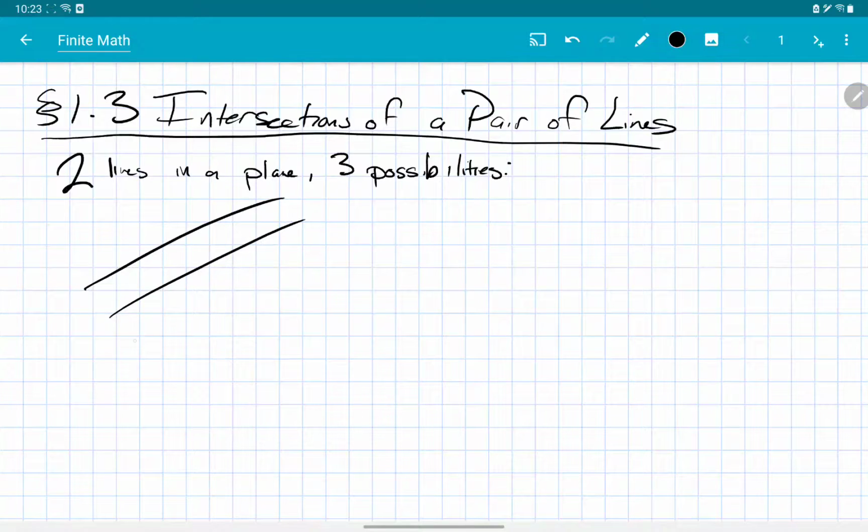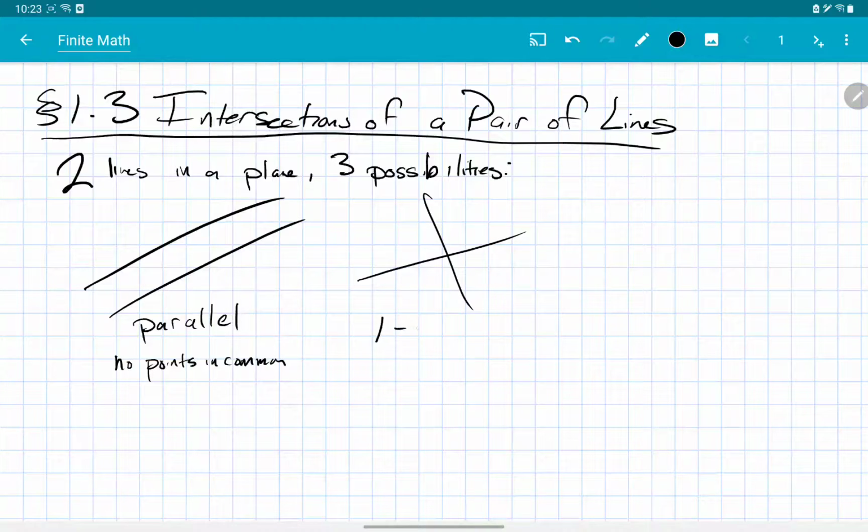If they're parallel, like this, then there are no points in common. If they cross, there's 1 point in common. And the other possibility is that they're actually the exact same line.